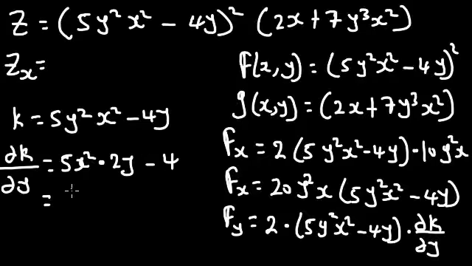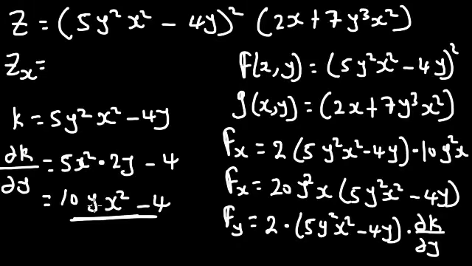So we have 10yx squared minus 4. So I'm flipping the position of y and x. It doesn't mean they are being connected with a product sign. So flipping the position doesn't mean anything. So this is our k sub y. So instead of having k sub y here, let's substitute this right here.